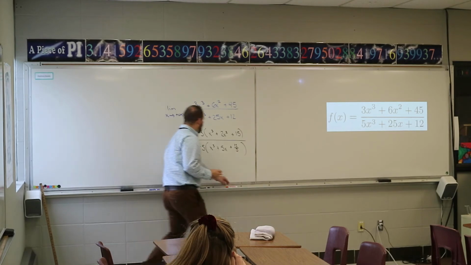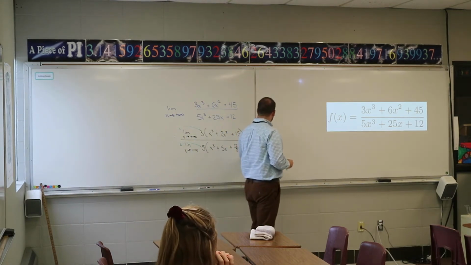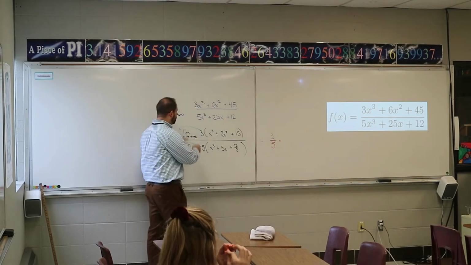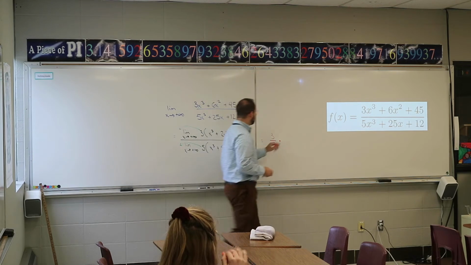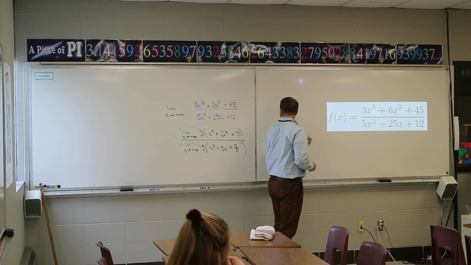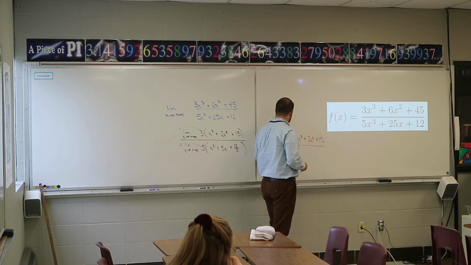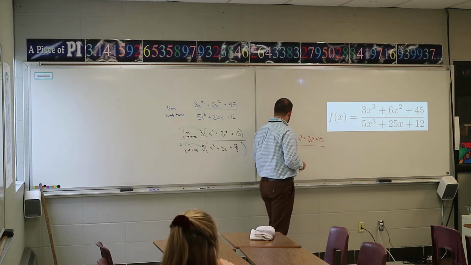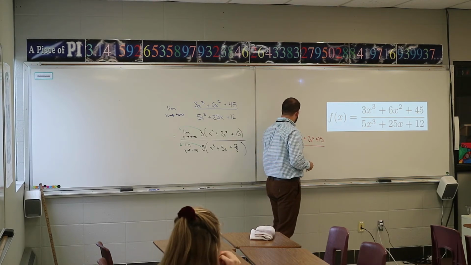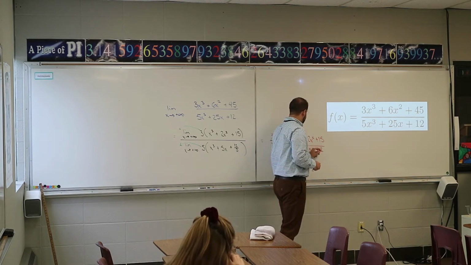So, what I have here is I have 3 and a 5 out front, 3/5, being multiplied on 2 different limits. The limit on the top, which is x cubed plus 2x squared plus 15. And this is as x approaches infinity, and the bottom is the limit as x approaches infinity for x cubed plus 5x plus 12/5.